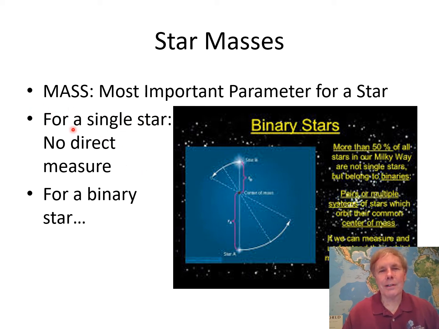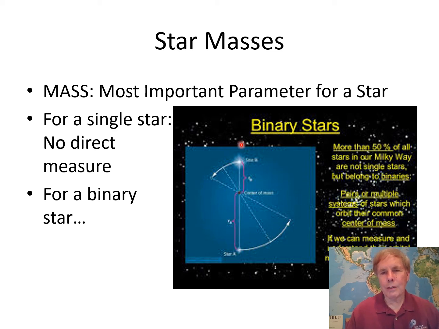Now, for single stars, that is stars that are not in orbit around some other star, there isn't any real direct way using gravity to measure the mass, which is unfortunate. We can do it in indirect ways, but it's not as precise. For a binary star, we're basically dealing with 2 stars that are orbiting around their center of mass.